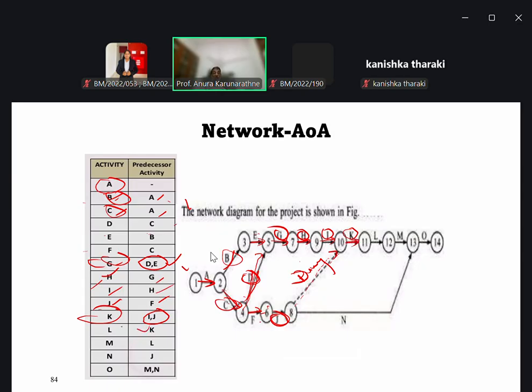Then L after completing K. M after completing L. Then N after completing J. Actually, no need to go around here; directly we can write it here.